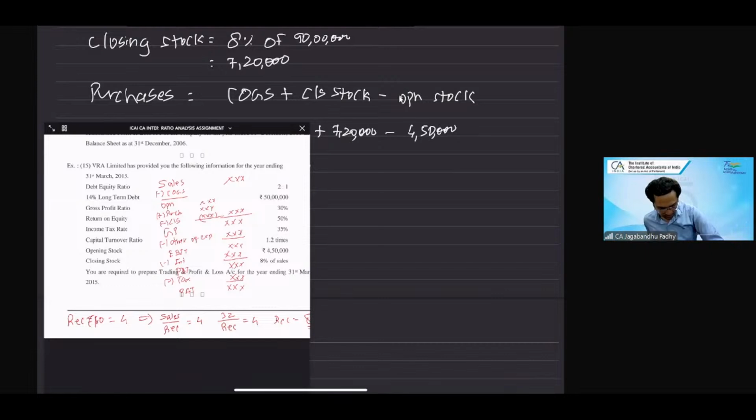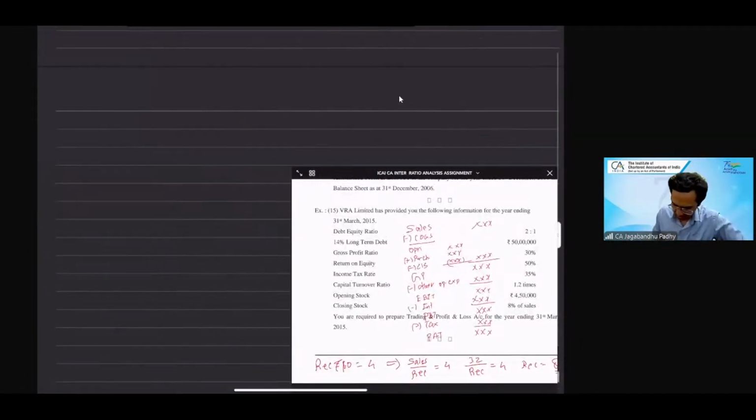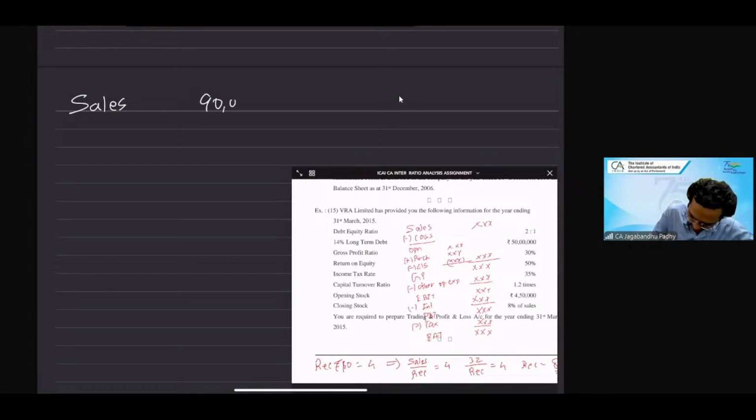Other operating expense and EBIT is something that we need to look at now. How do we calculate the other part? Well, interest is what we can get. Let's start preparing this statement because automatically I think balancing figures will come up. Sales was 90 lakh, less COGS.